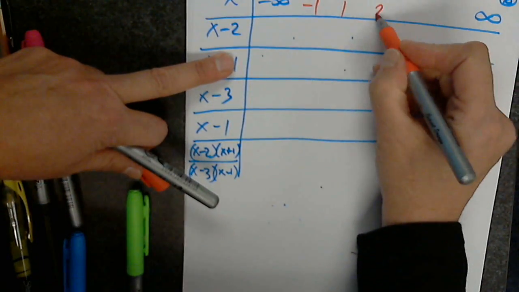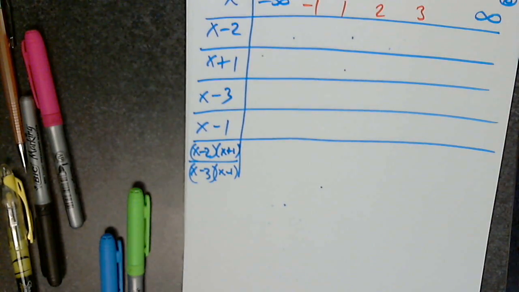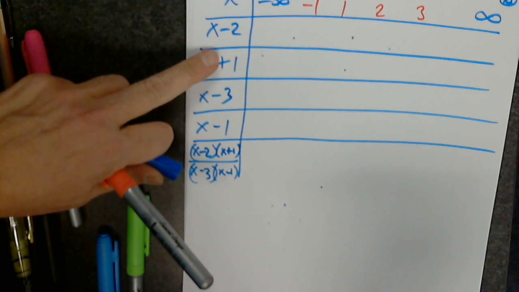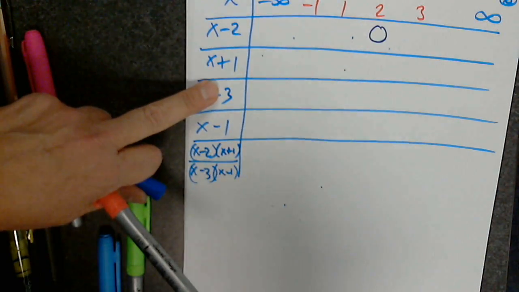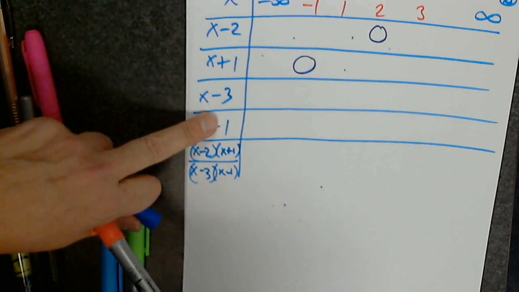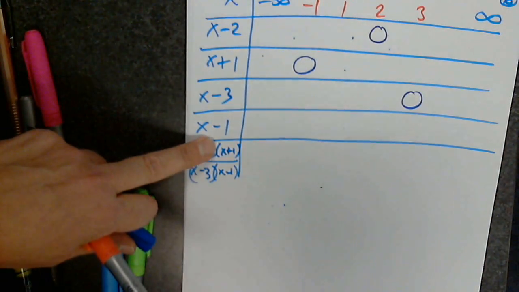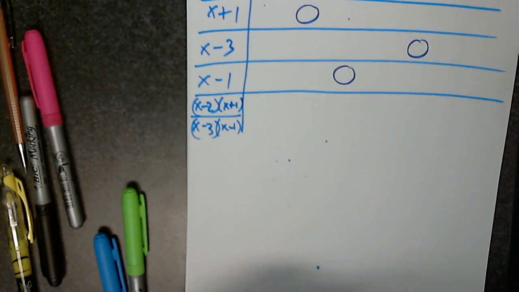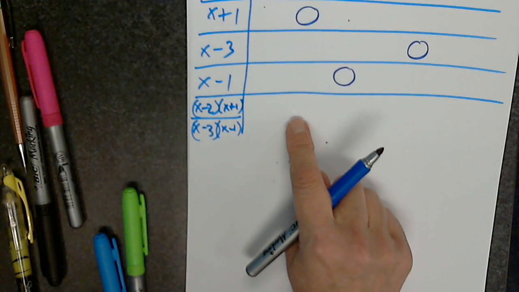Perfect. 2 and 3. Each row has to have a 0. Where is the 0 in the first row? Under 2. Where is the 0 in the second row? Perfect. Where is the 0 for this one? Where is the 0 for x minus 1? Excellent. Now, what do I have under -1 for this ratio?